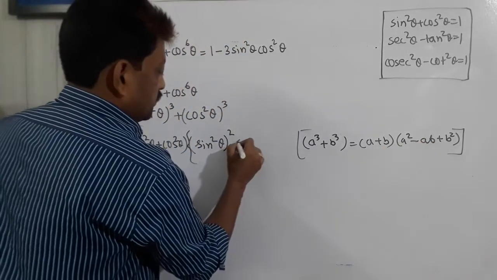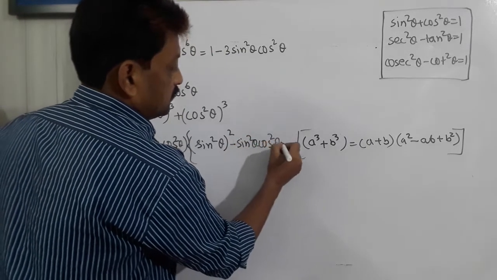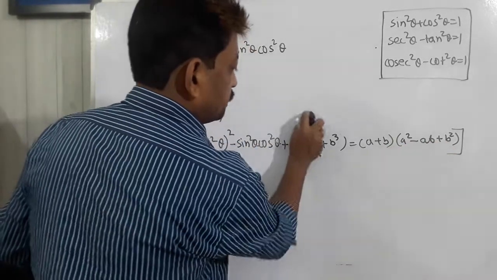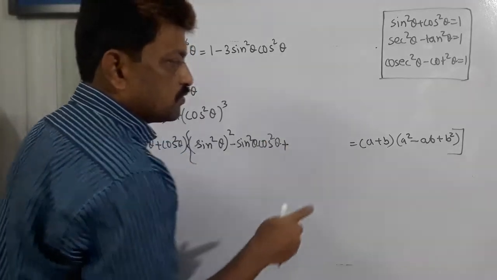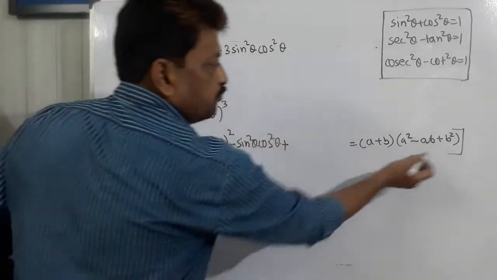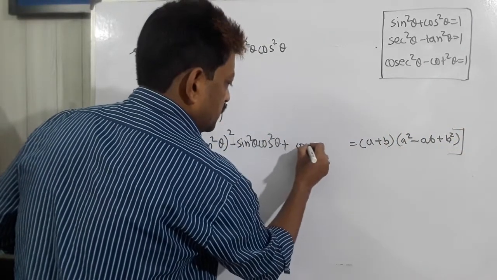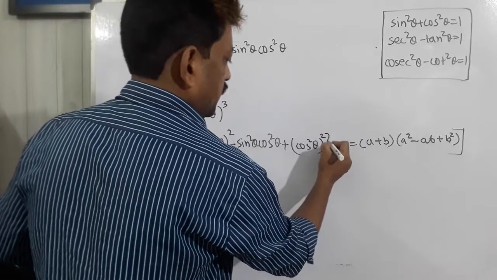AB means sine square theta cos square theta, plus b square. B square means square of cos square, so cos square theta square.